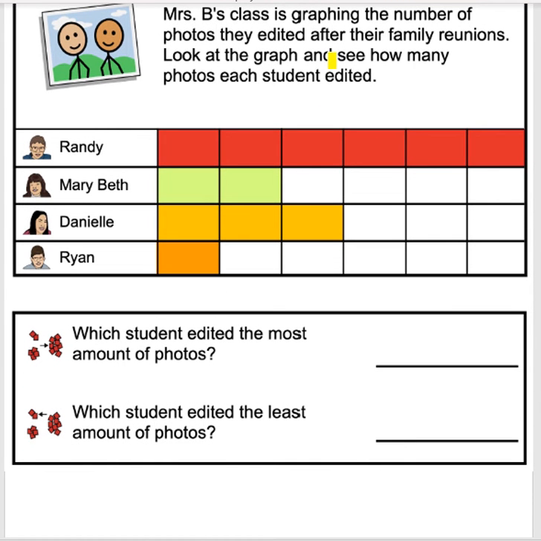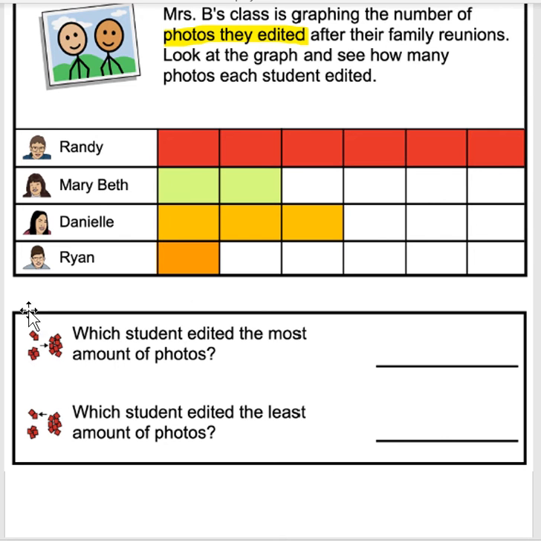This graph is showing us what? It's showing us the photos which each student edited. So we see we have Randy, Mary Beth, Danielle, and Ryan, and all of these students graphed different numbers. So that means that they edited a different amount of photos.